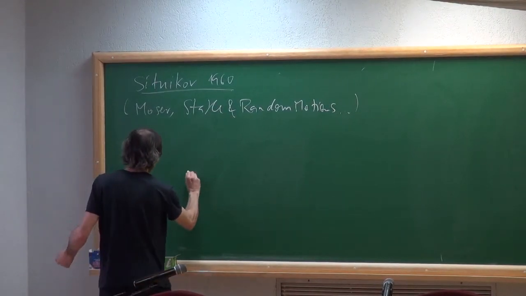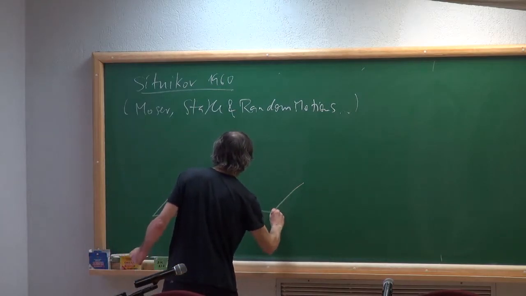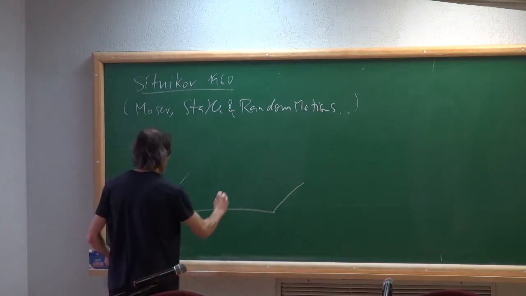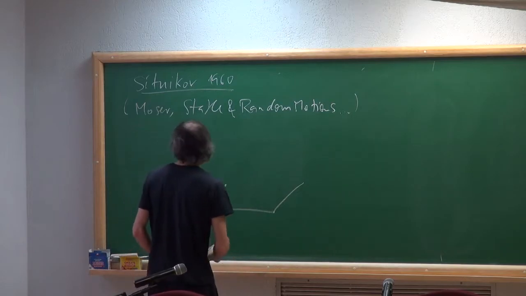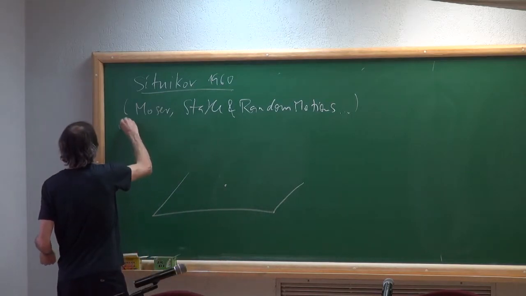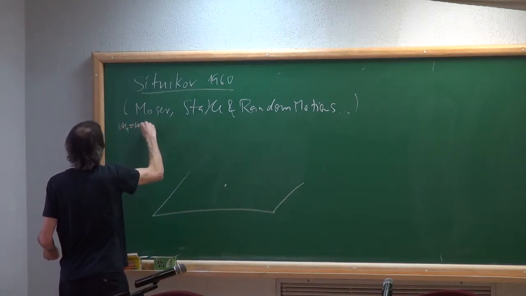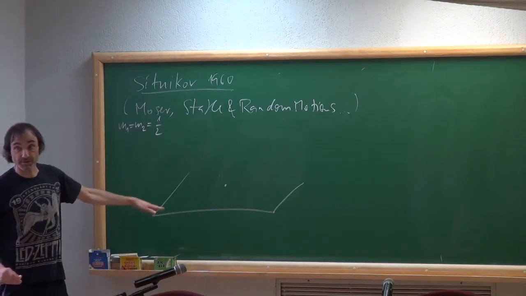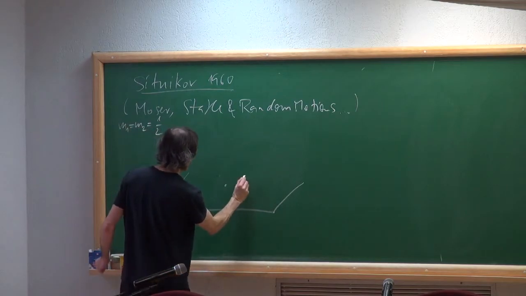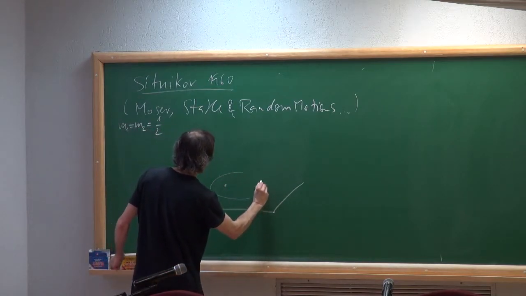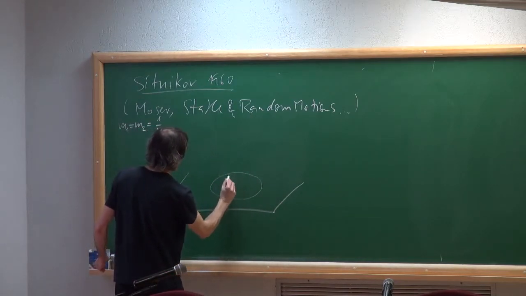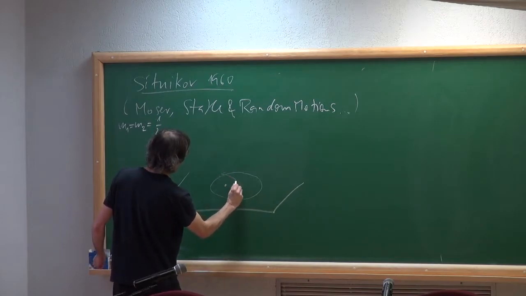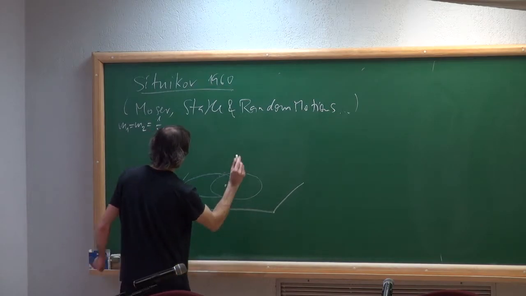This is the following special case. Again, here's a center of mass. Now, one assumption is that M1 is equal to M2, and you can normalize them to 1/2. So they're moving on ellipses of the same type, possibly.